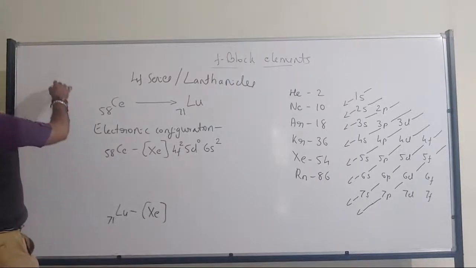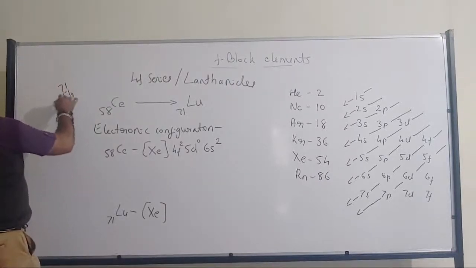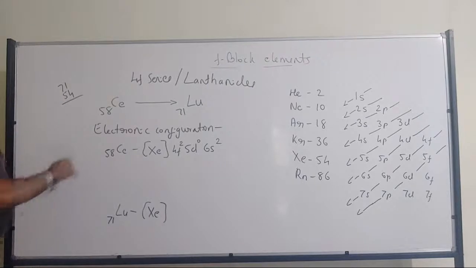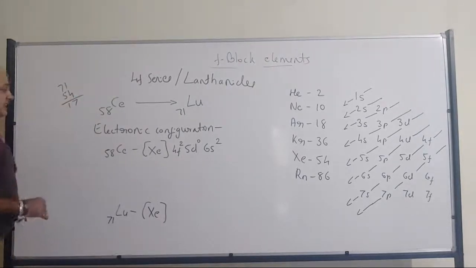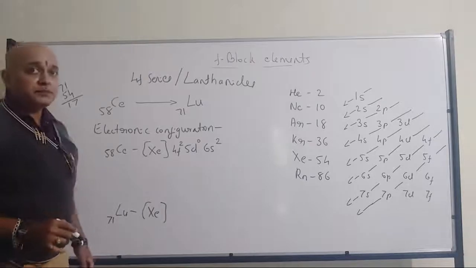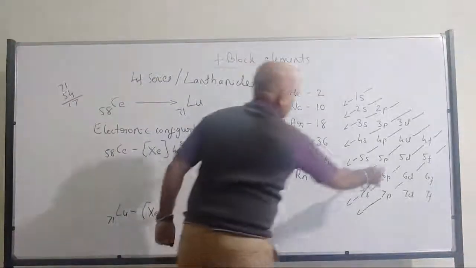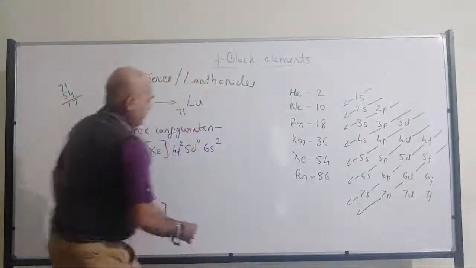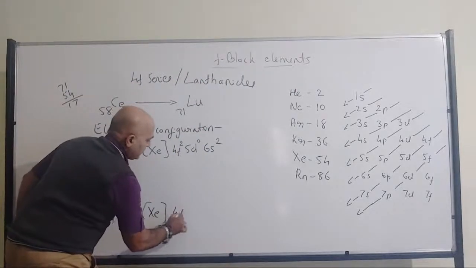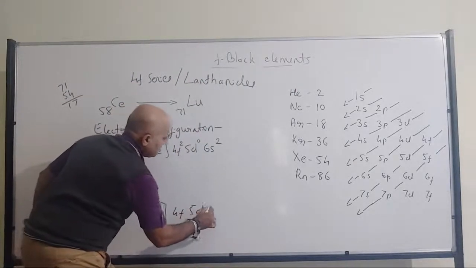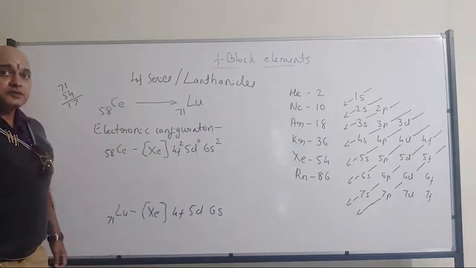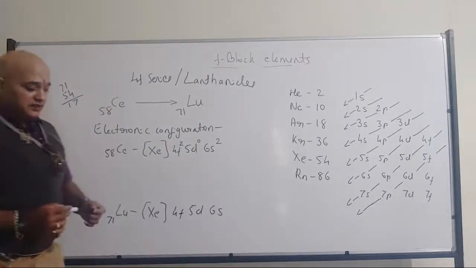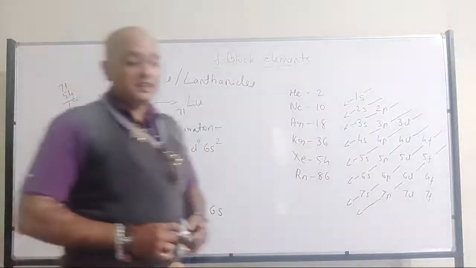So 71 minus 54 is 17 electrons we have to fill. Up to 5p we have done. Now we have to fill 4f, 5d, 6s, so a total of 17 electrons.